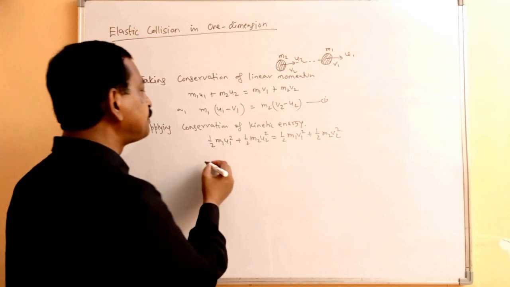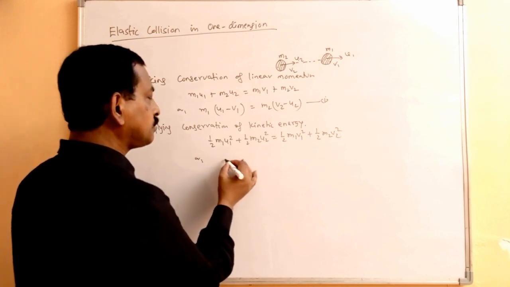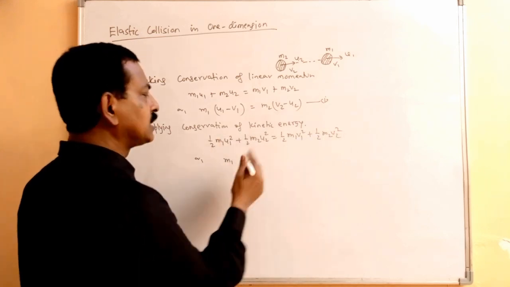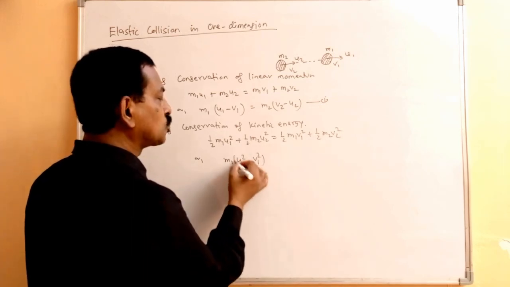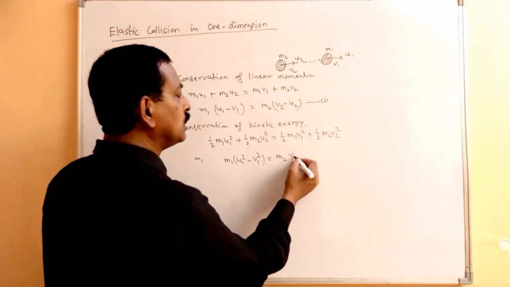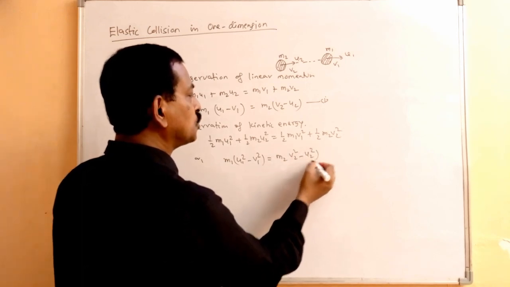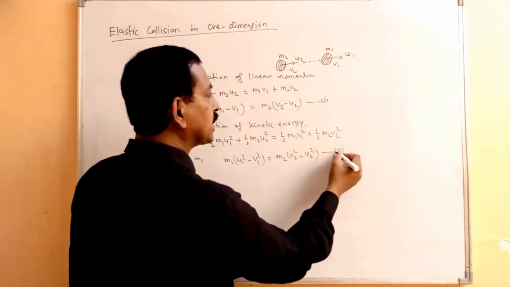This will be the expression. Or we can write, the half getting cancelled from all the terms, m1 (u1 square minus v1 square) equals m2 (v2 square minus u2 square). This is our second equation.